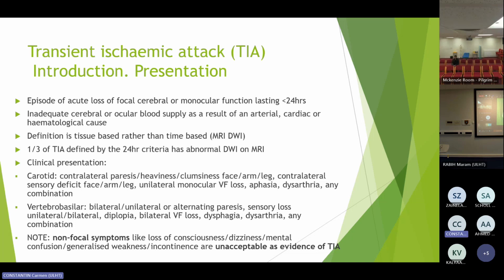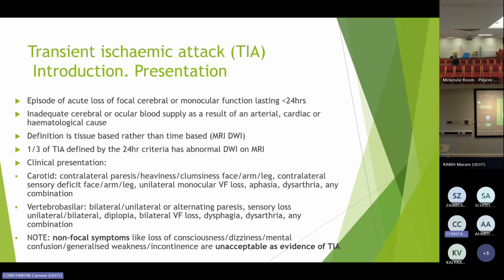What is the presentation? We have the carotid presentation, the anterior circulation, which presents with contralateral, so opposite side, hemiplegia, so we can have paresis or heaviness or clumsiness. It could affect the face, the arm, the leg, with sensory deficit of the face, arm, or leg, or all together.